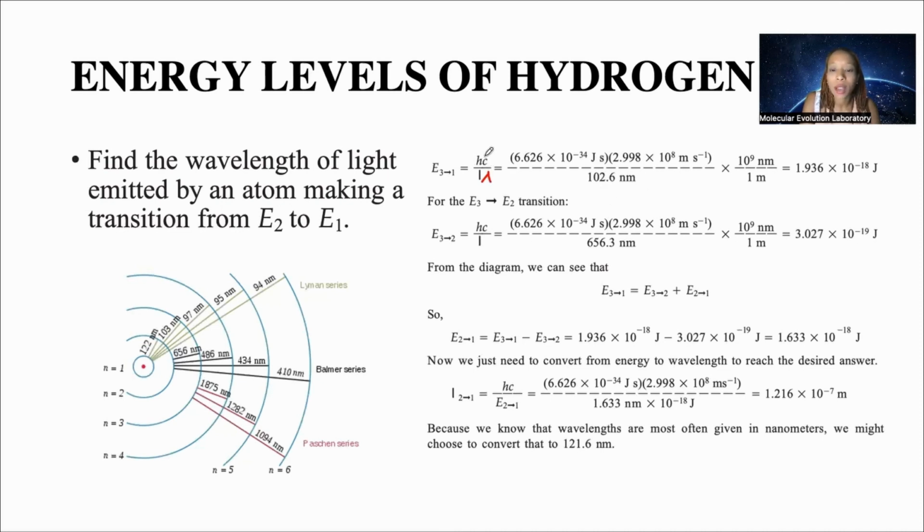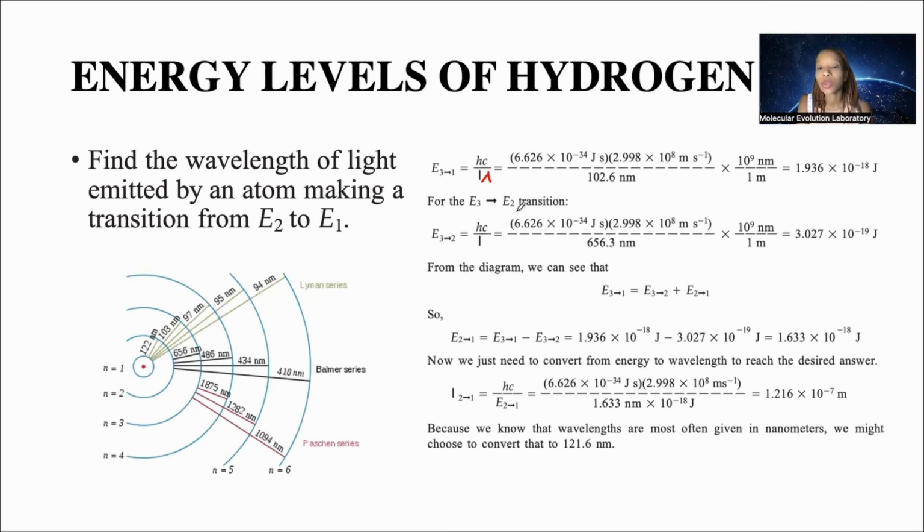So Planck's constant, 6.626 times 10 to the negative 34 joule-seconds, times the speed of light divided by the wavelength for E3 to E1, which was given as 102.6 nanometers, times 1 times 10 to the 9 nanometers per meter, because we're converting this to meters. This gives us 1.936 times 10 to the negative 18 joules.